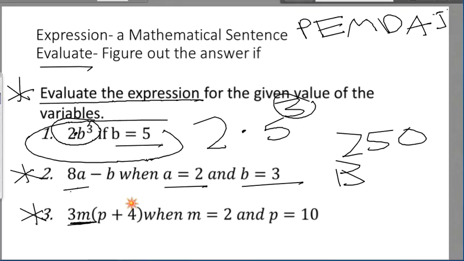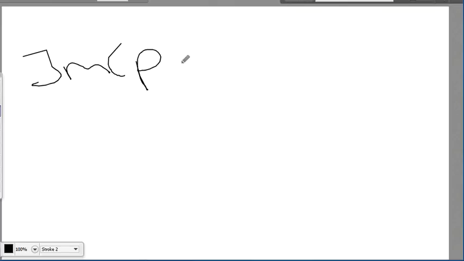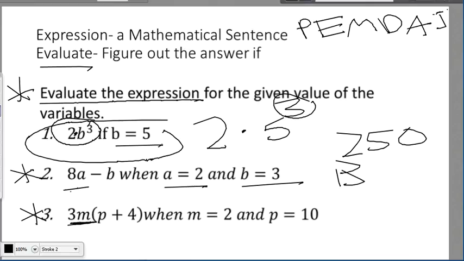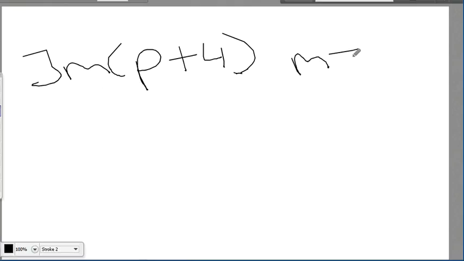Let's put this one on another page as well. We have 3 times m times p plus 4, and we're going to figure out the answer if m is 2 and p is 10.